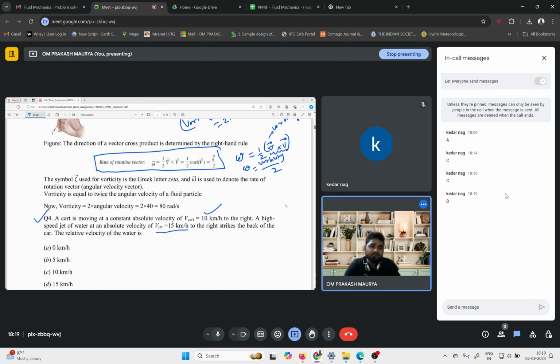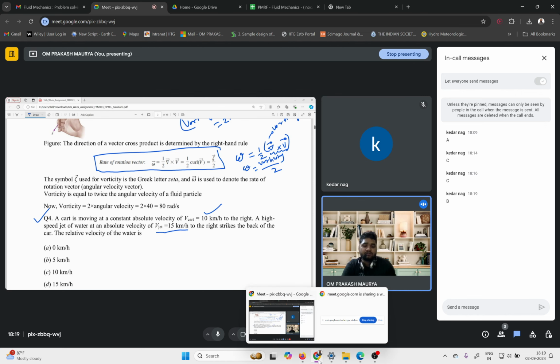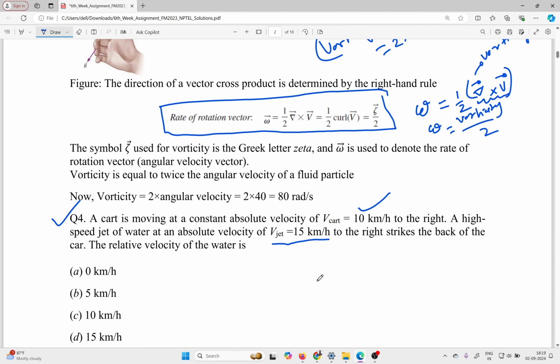Okay, you are telling me option B. Let me explain a little bit. In the question, a car is moving at a constant absolute velocity V car of 10 kilometer per hour. Let us suppose the car is moving in this direction.